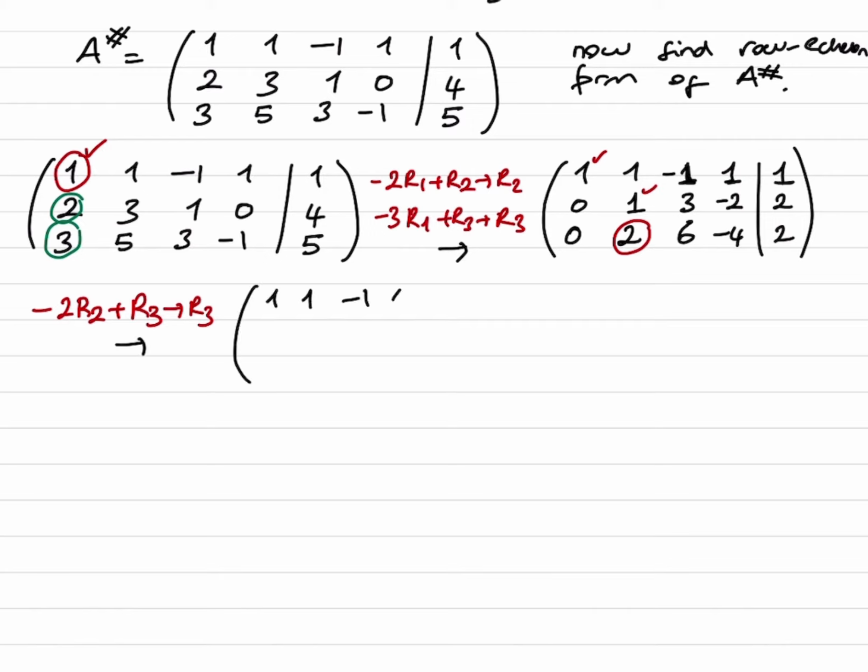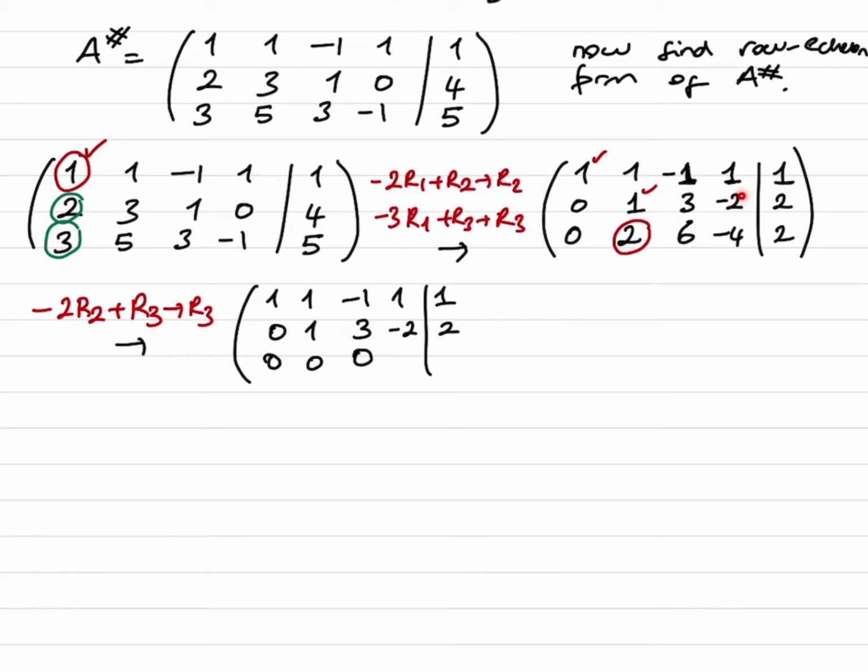1 1 -1 1 1, 0 1 3 -2 2. So we have 0 here. -2 times 3, -6 plus 6, we have 0 here. What about here?